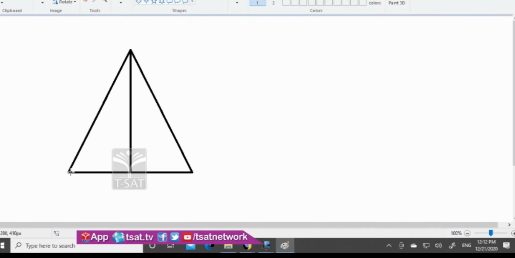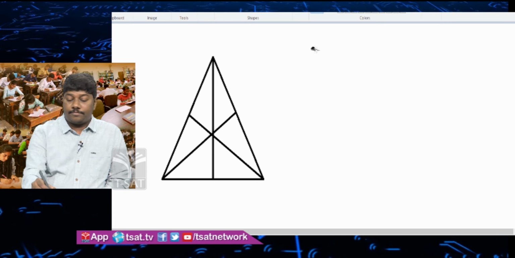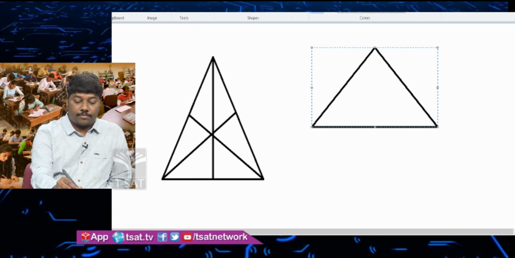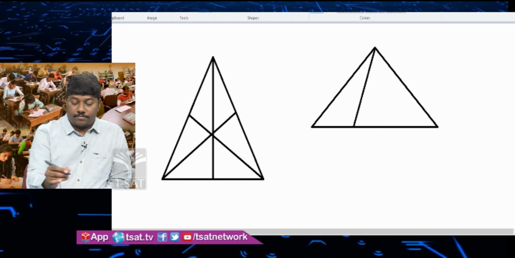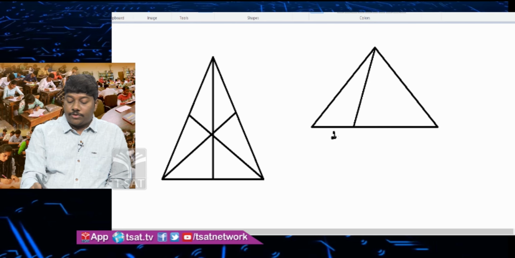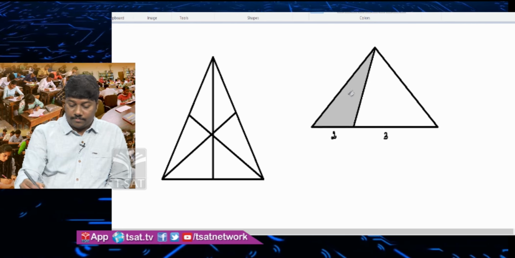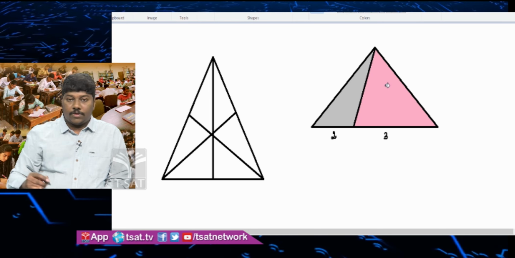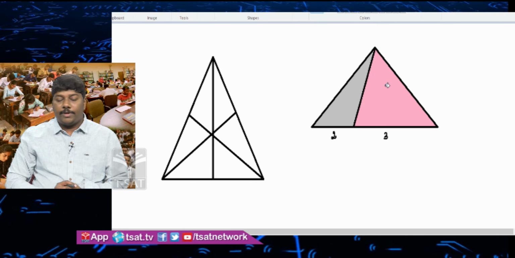I am taking all three medians here. Usually if you take a triangle, its bases are in the ratio 2 is to 3. You look at two shaded regions here, one is the ash color one and one is the pink color one.